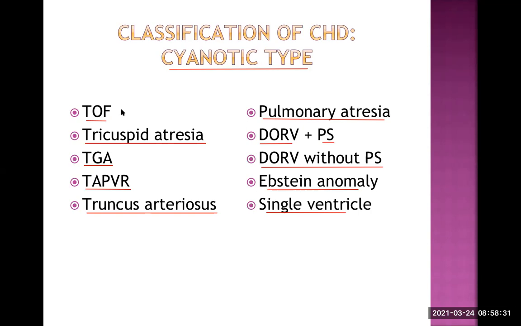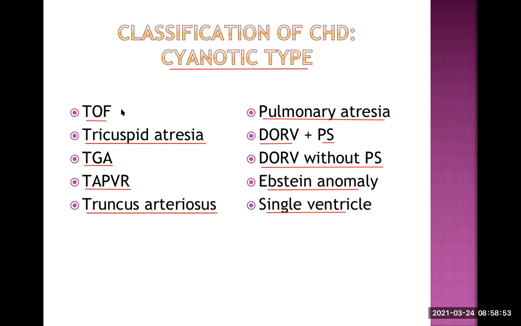Tetra means there are four components. Tetralogy of Fallot, four components. The most important component is pulmonary stenosis, PS, or right ventricle outflow obstruction. It is also known like that. The second one is VSD.